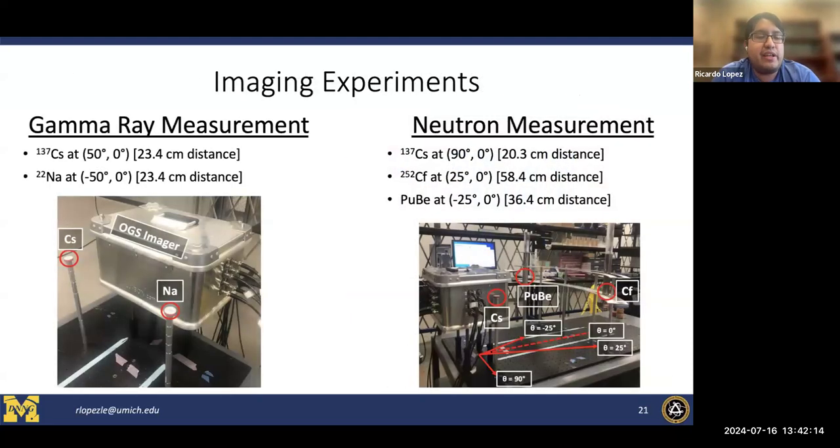I'm going to be demonstrating the capabilities of the imaging system using these 2 different experiments. One is a gamma ray focus experiment where I have 2 different gamma ray sources. The distance is noted here on the slide. Meanwhile, for the neutron-based measurement, I have 2 neutron sources and a third source that's a pure gamma source.